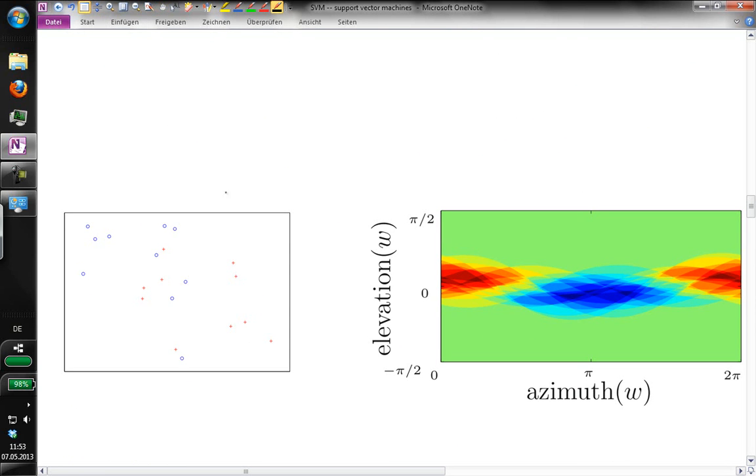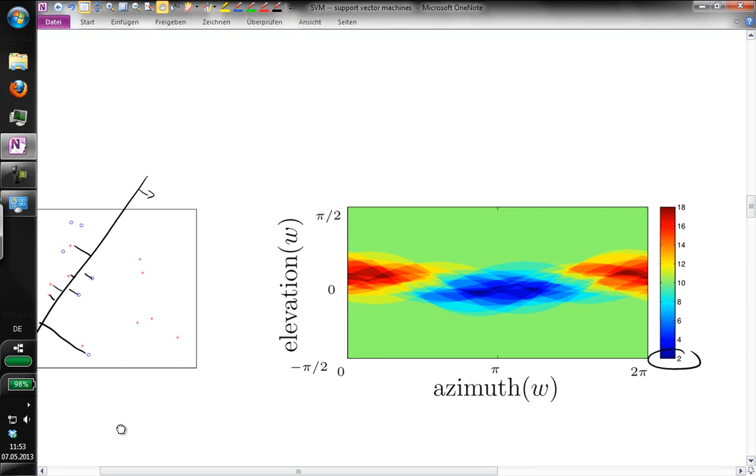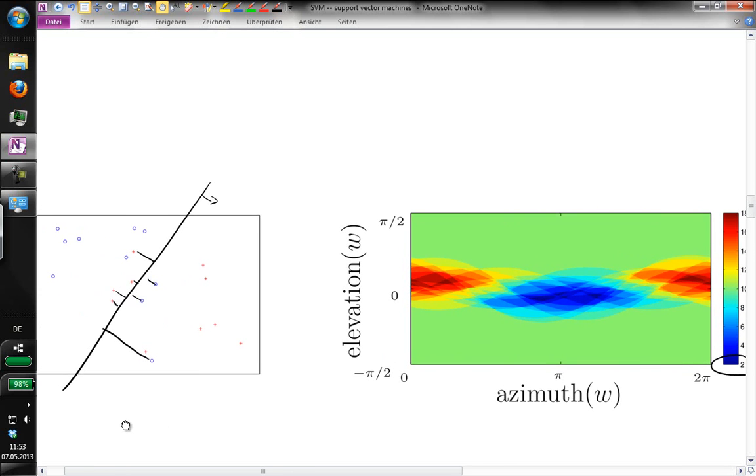So whatever I try, let's say I'm trying this one here, alas, there are a number of points that are being misclassified. And on the right is again the corresponding misclassification error. You see that it no longer starts at 0, but it starts at 2. So apparently 2 is the smallest error you can possibly make here.